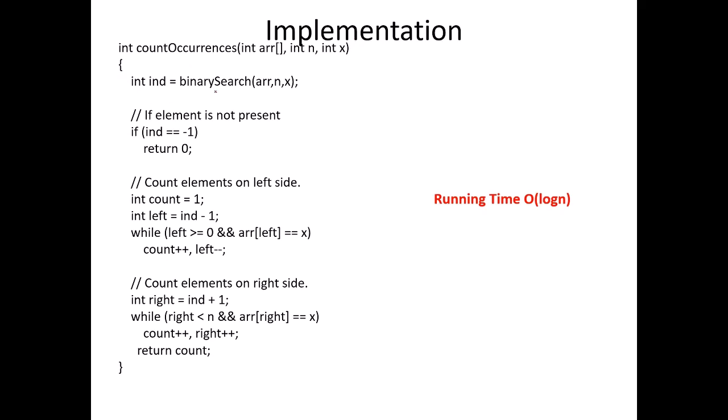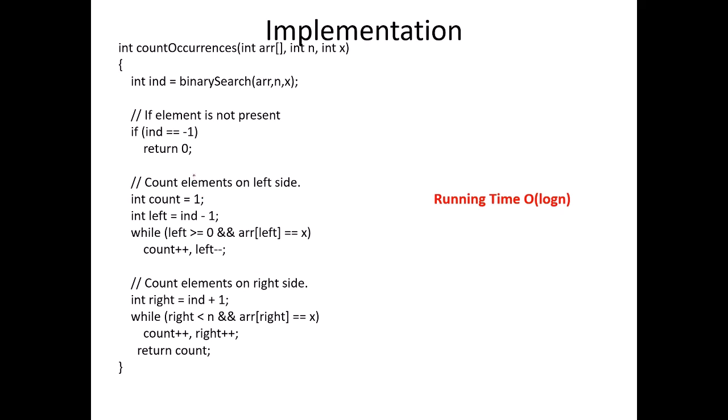First call the binary search function by passing the array, n and x, and get the index. If the index is -1, it means there is no such element in the list, so it immediately returns 0.